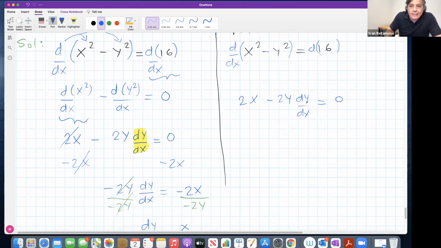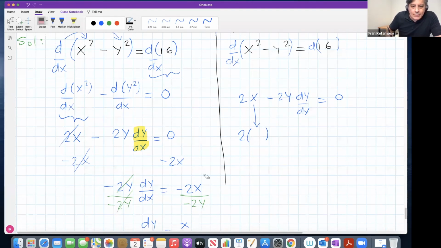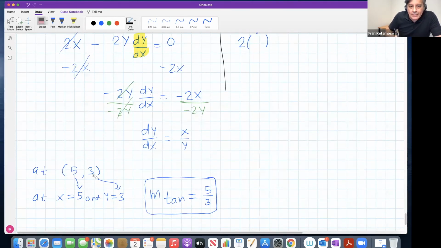But here, instead of isolating dy/dx like you did before, you do the substitution of x and y directly. I want the slope of the tangent line at x equals 5, sorry, let's check well. I want this at x equals 5 and y equals 3.